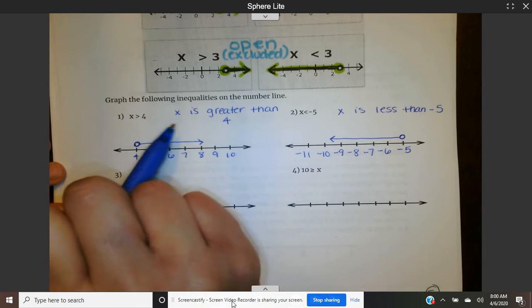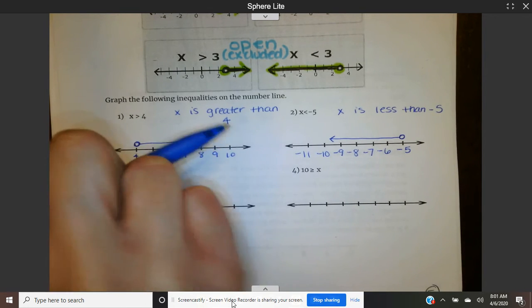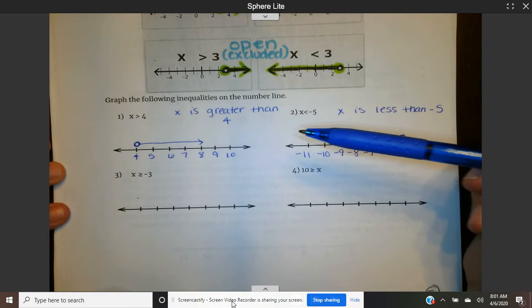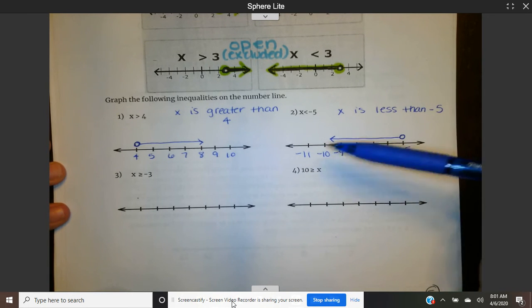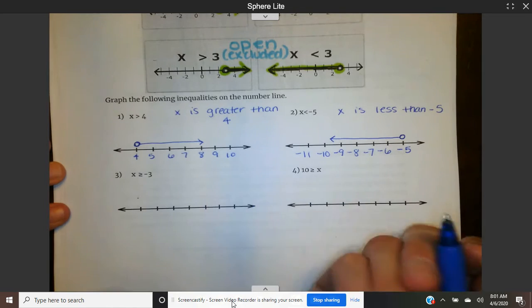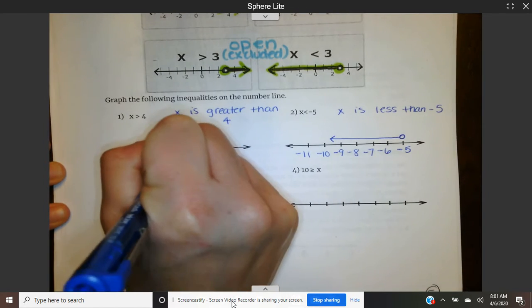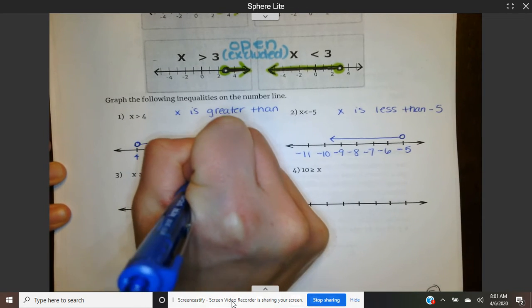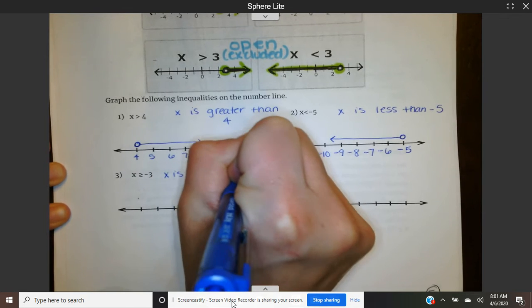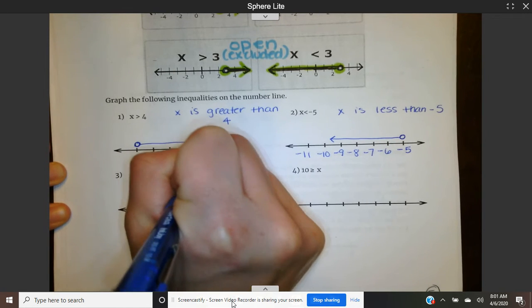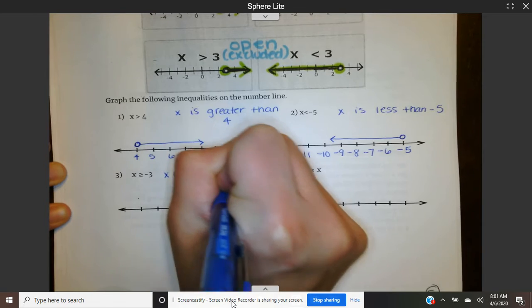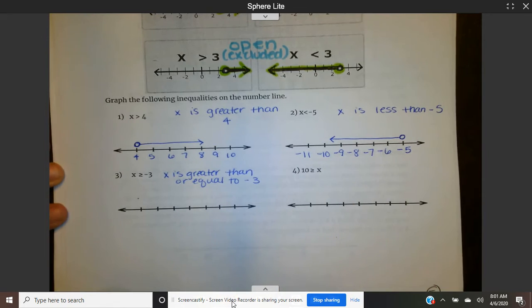The greater than points to the right, like the arrow, and the less than points to the left, like the arrow. So that's another thing you can keep in mind. Okay, so this one, x is greater than or equal to -3.